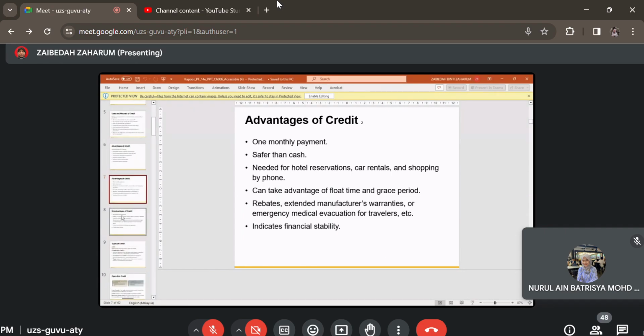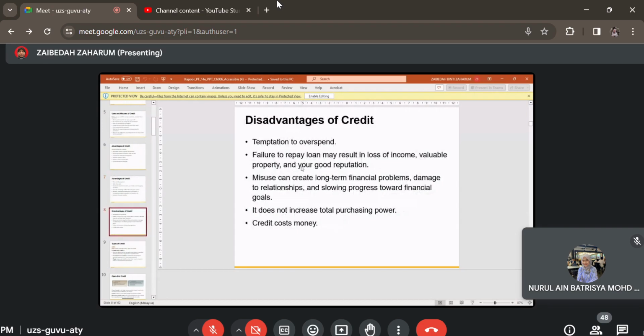Okay. So next, iaitu adalah advantages of credit. Now we go to the disadvantages of credit.